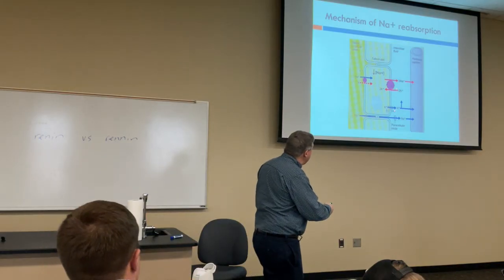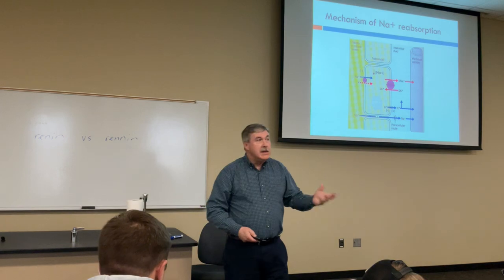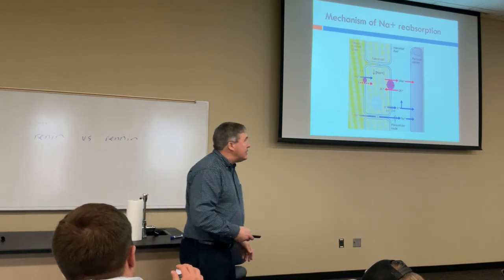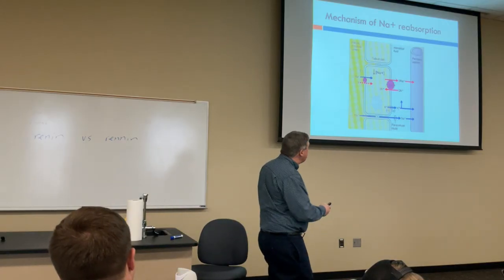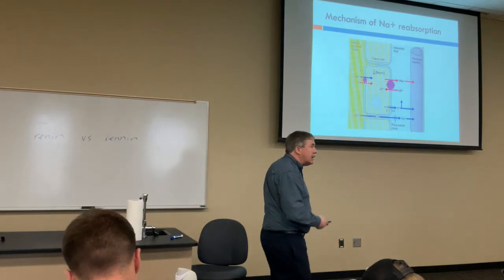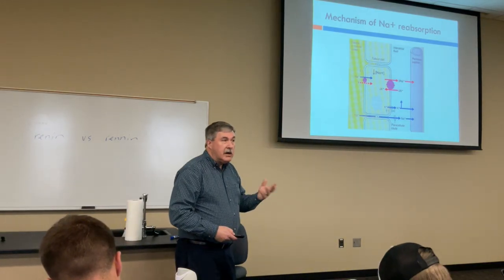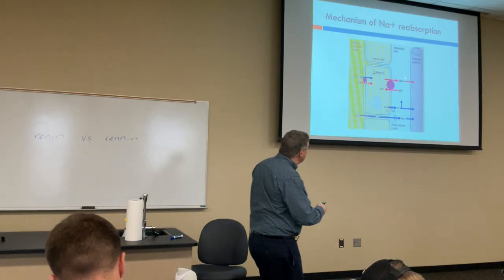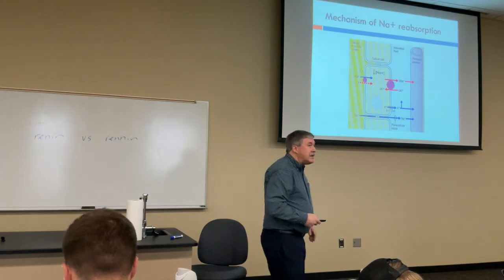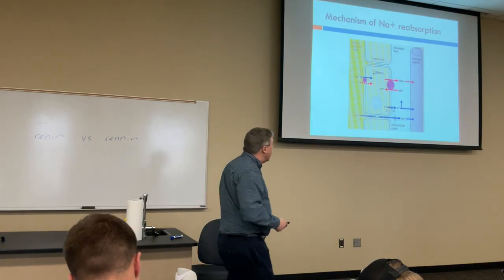So in this basolateral membrane, there are sodium-potassium ATPase pumps, which are a form of primary active transport. It simultaneously transports 3 sodium out of the cells that make up the walls of the proximal convoluted tubule. At about the same time, it transports 2 potassium into those cells.